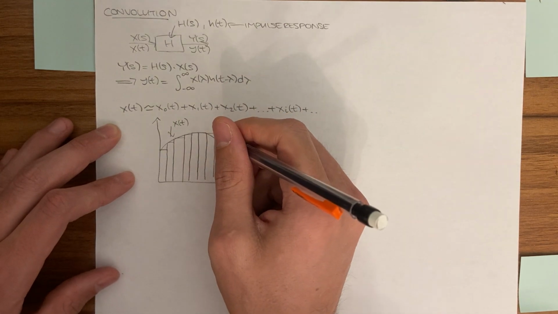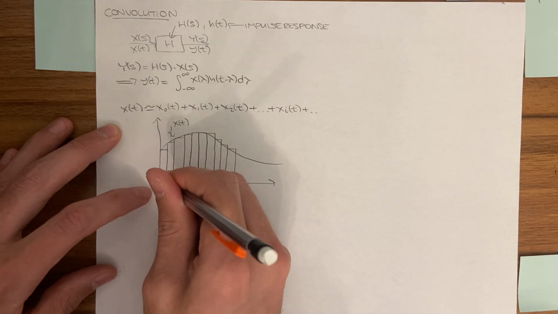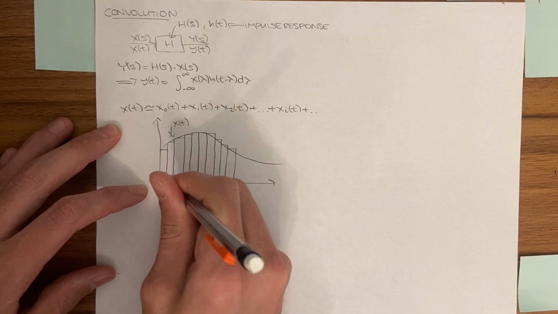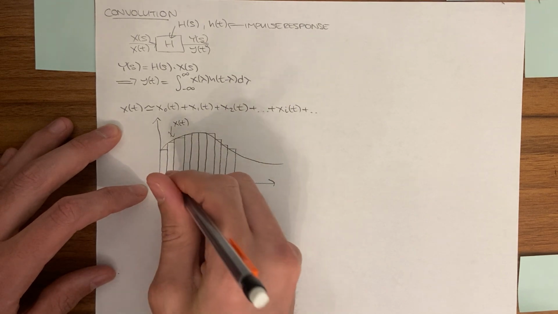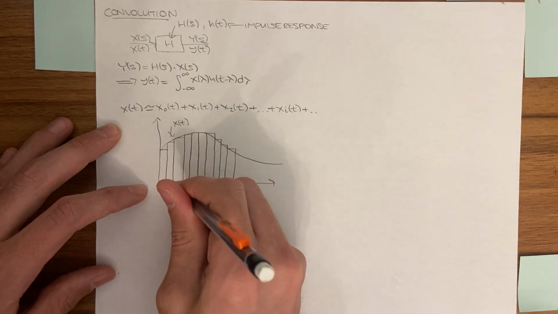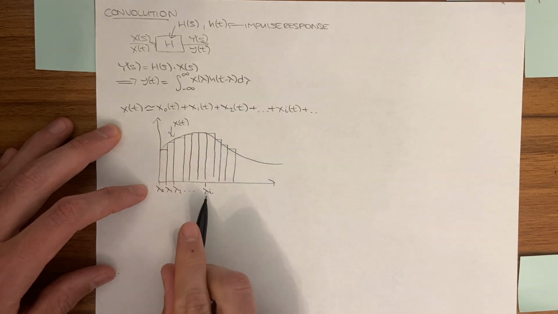Say each time point on the left-hand side of each rectangle, the first one is going to be lambda 0, the next one right here is lambda 1, then we've got lambda 2, that's that one, and so forth. Each one we'll call lambda i for each time point.